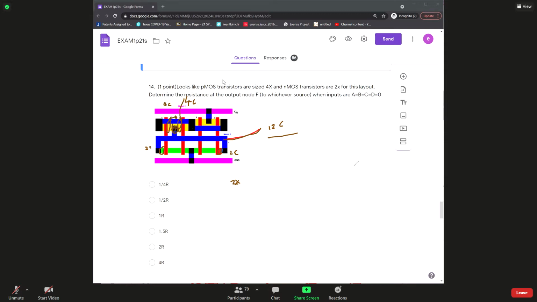Exactly how these guys are arranged is as follows. If you pull out the schematics, this is what it looked like. This is my output node, and this is 4x each, right? And then you have more like this. Okay, and we're talking about this particular node, and you cannot share this bathtub with this bathtub, because they are separated by this contact, unfortunately.